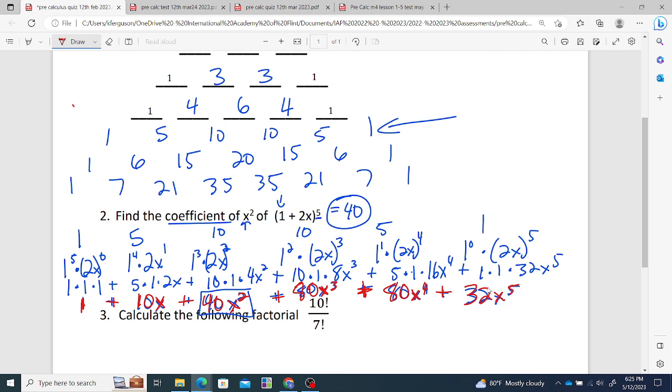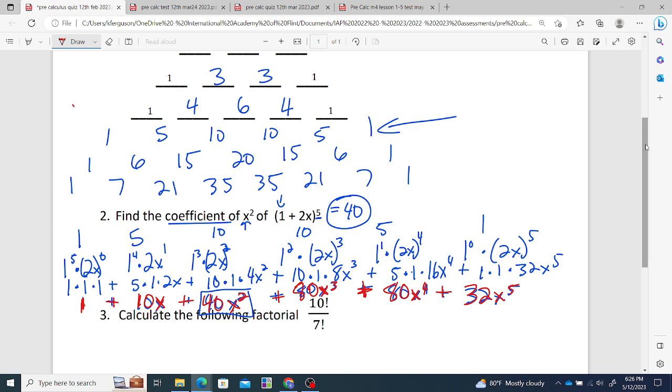So I've got all of those terms. It's only asking me for x to the second power. So the coefficient is, excuse me, 40. So that's where I got that from.